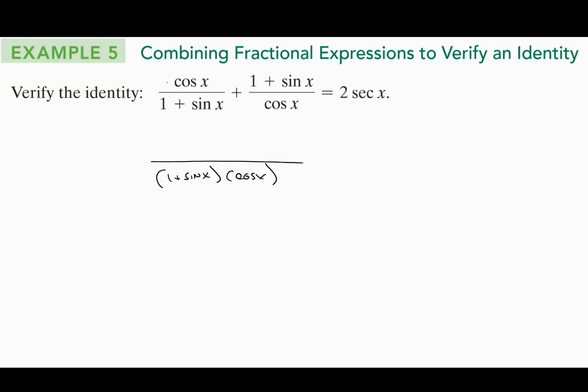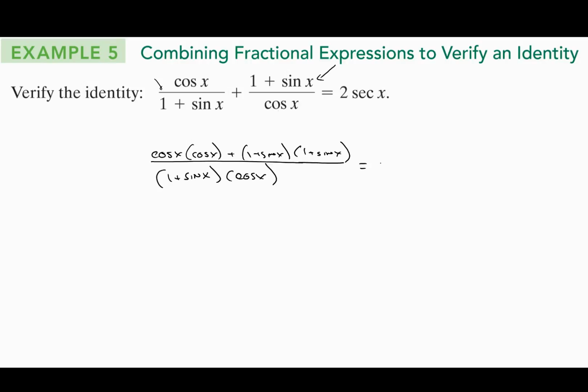That means in this first fraction, I have to multiply the numerator by what's missing from the denominator. And in the second fraction, I have to take the numerator and multiply by what's missing in the denominator. Okay?